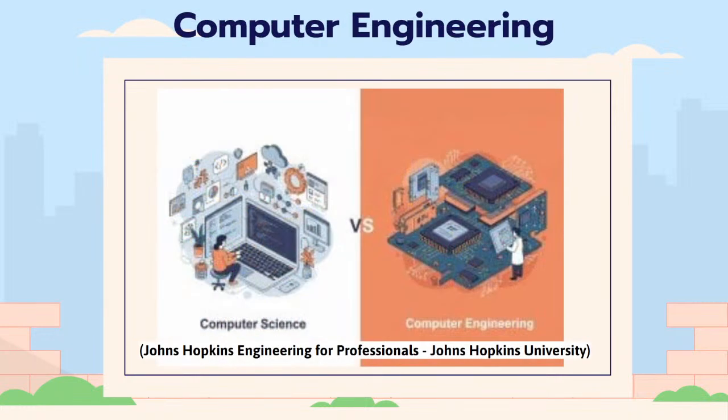Okay, the next one is computer engineering. Let's say it together. Ready? Computer engineering. I know that some people get confused about the difference between computer science and computer engineering, so let's figure out what the difference is.